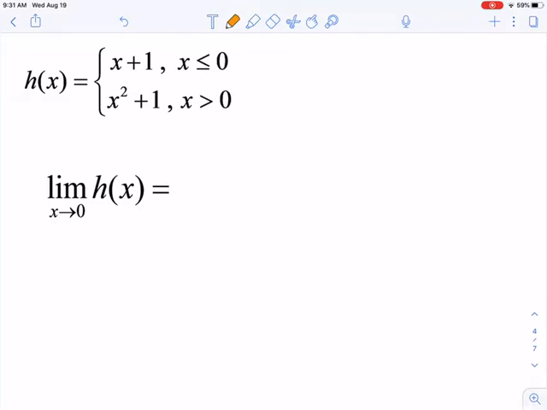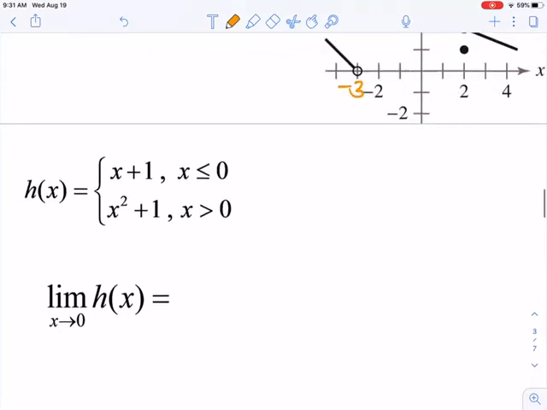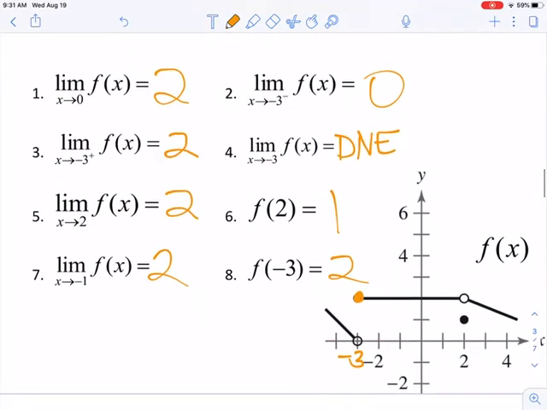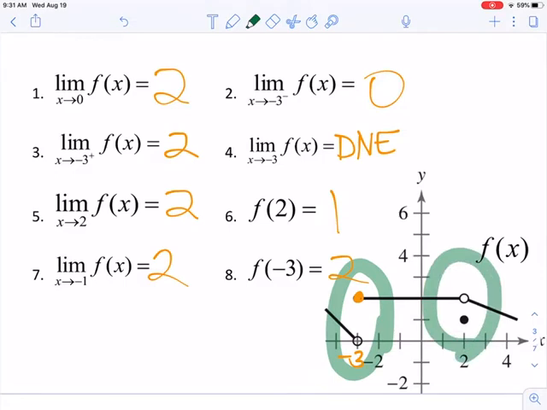Okay, here's the next important thing I want you to be able to do. So we've done a lot of work graphically, and as you've noticed, the piecewise functions are what makes the graphical limits so important, in terms of looking at the right side and the left side. If I come back up here, we have a break here and we have a break here.